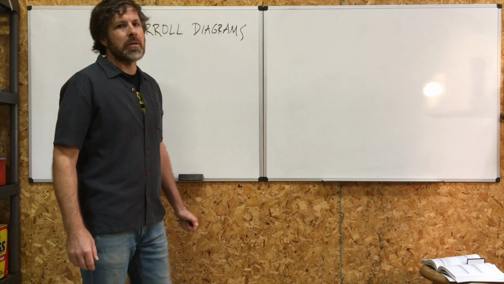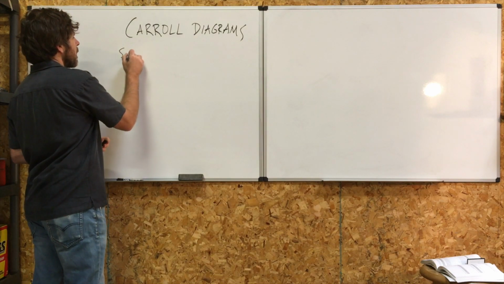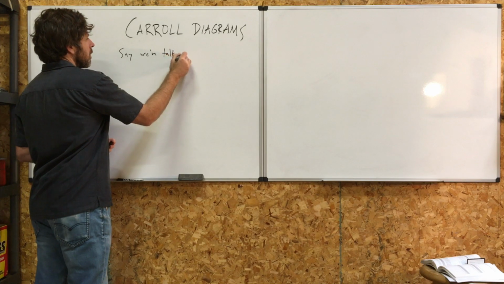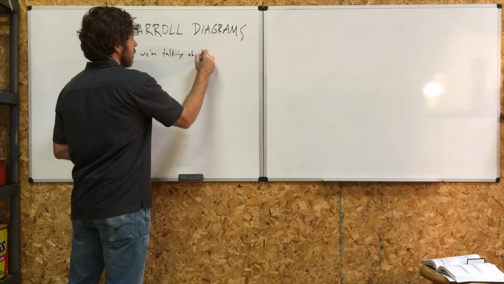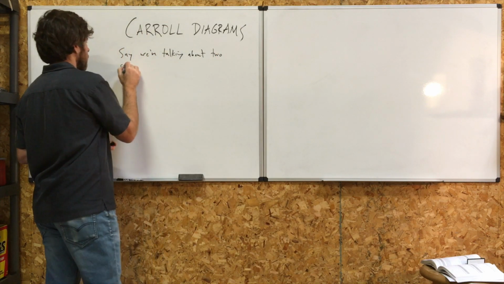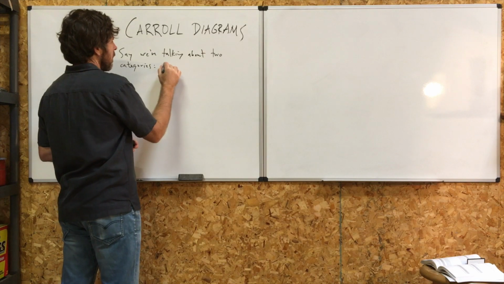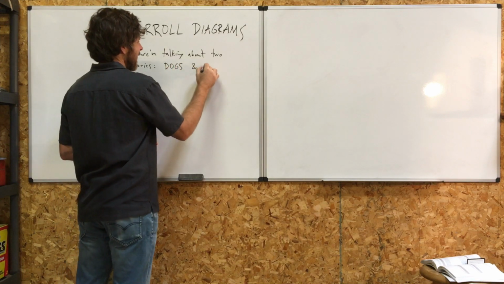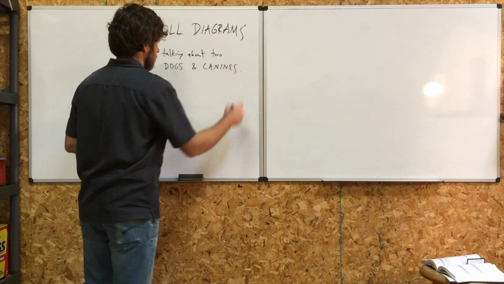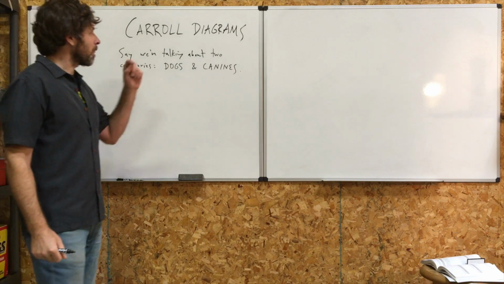Let's learn Carroll diagrams now. Say we're talking about two categories, dogs and canines.